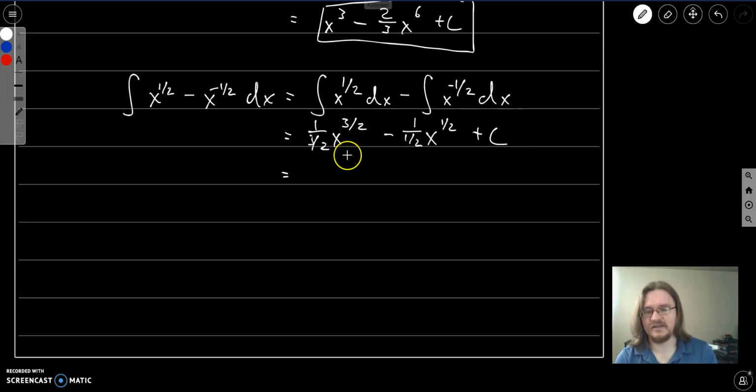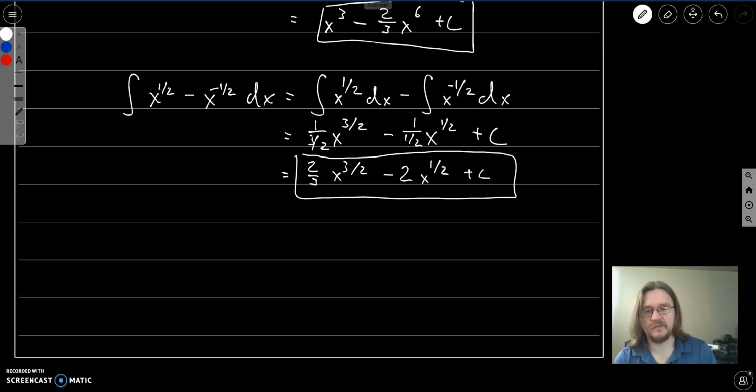Can't forget c. 1 divided by 3/2 is just 2/3. Minus 1 divided by 1/2 is 2. Plus c. So far, so good.